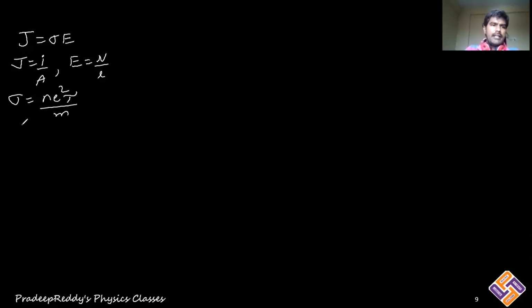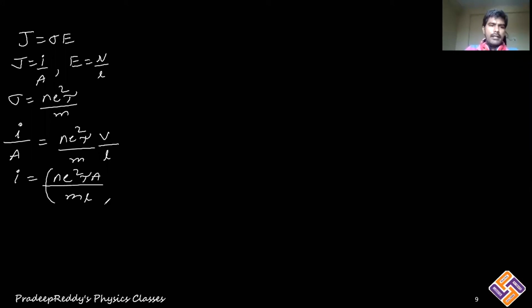I can write it as I by A is equal to N E square tau divided by M into V by L. So this is I is equal to N E square tau A divided by M L into V, or you can write it as V is equal to M L divided by N E square tau A into I, right?